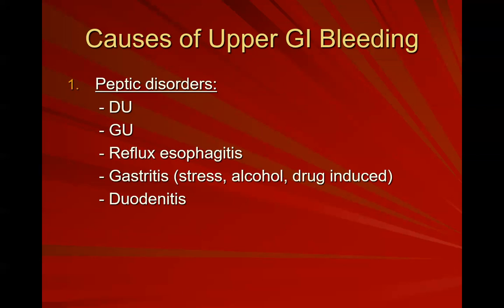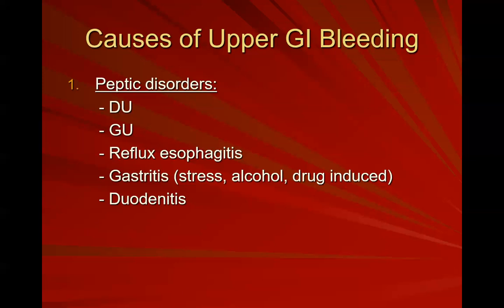But before we talk about the causes, let's discuss the signs. What do you mean by upper GI bleeding? We defined that based on the anatomical landmark, but what would you expect? Melena. So what's melena?